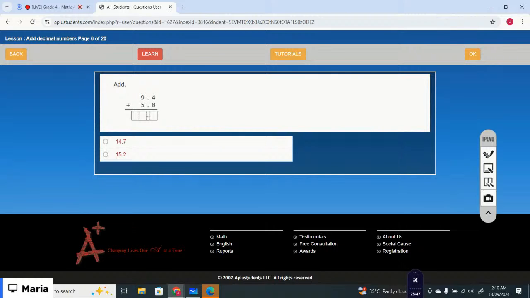That is 15.2. Option number 2 is the correct option, right?